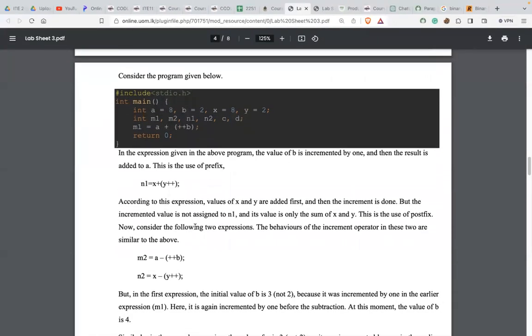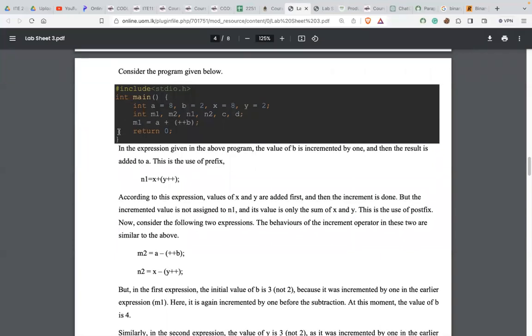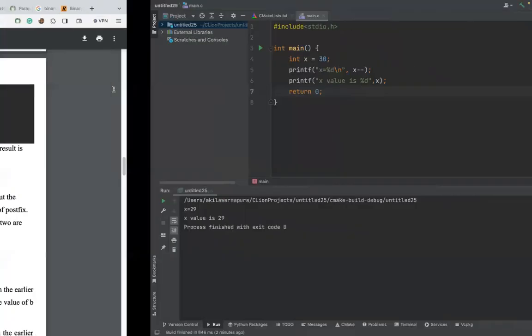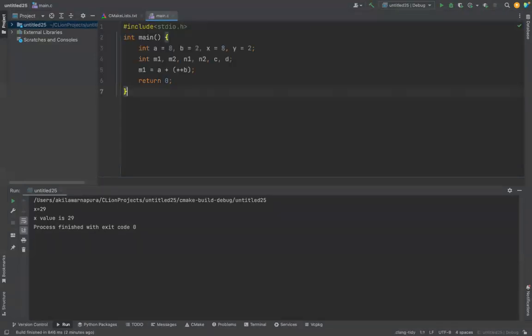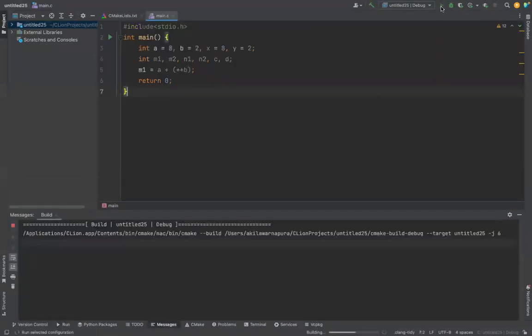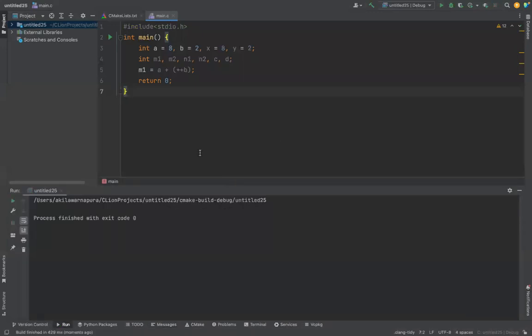Okay, let's take this example also. Okay, here actually there's no printf function. So a variable is 8, b is 2, x is 8, and y is 2.